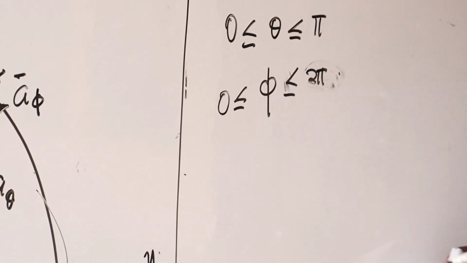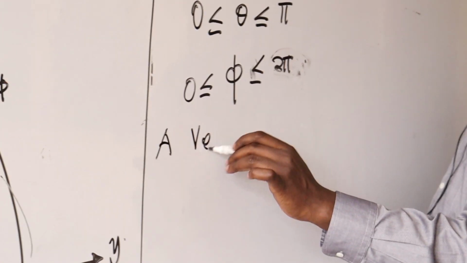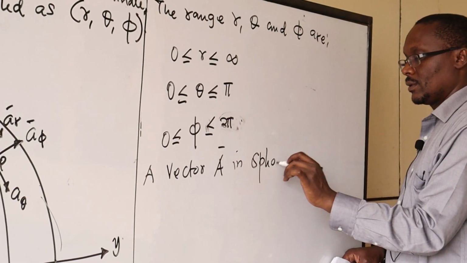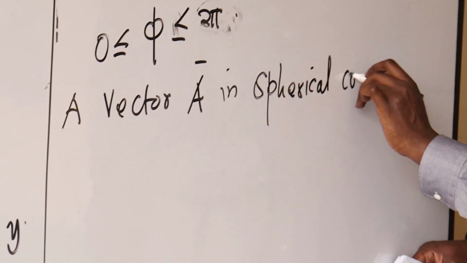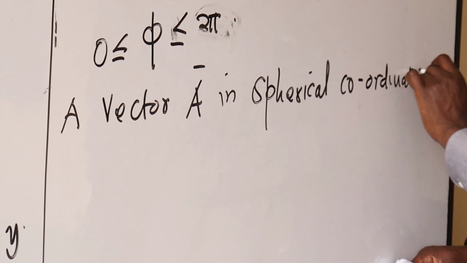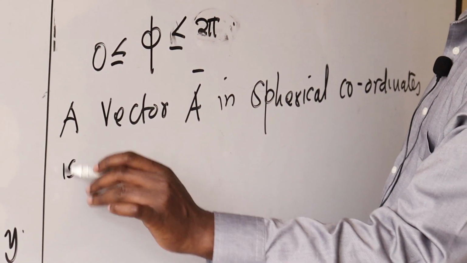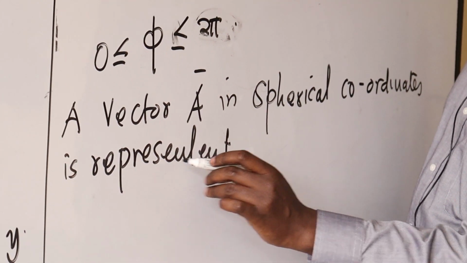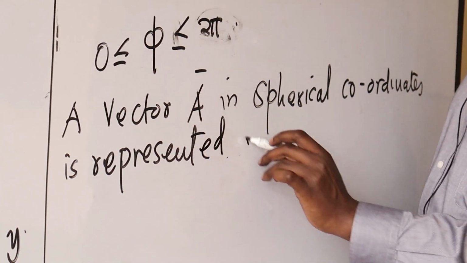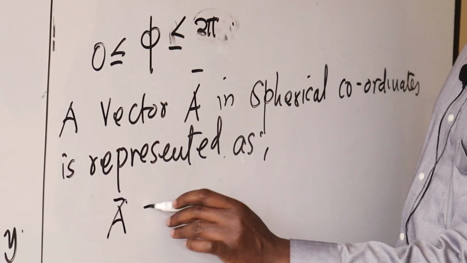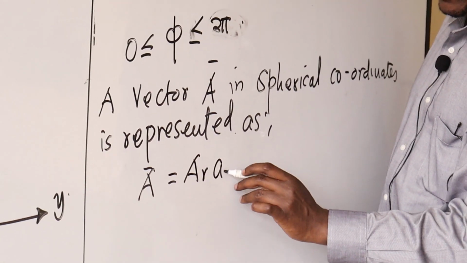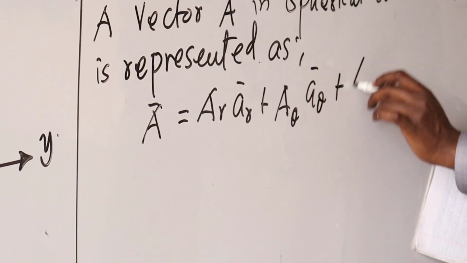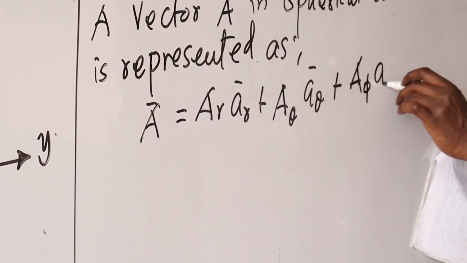So still again we can say a vector A bar in spherical coordinate is represented as A bar equals AR of AR bar plus A theta of A theta bar plus A phi of A phi bar.